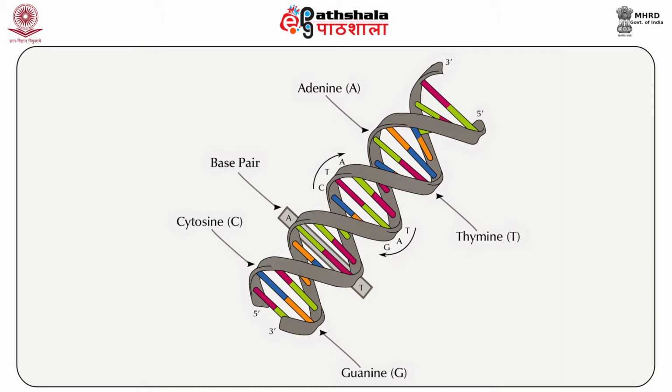For example, the sequence ATC GTT might instruct for blue eyes, while ATC GCT might instruct for brown.